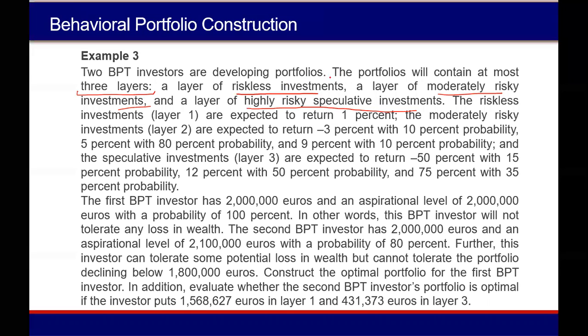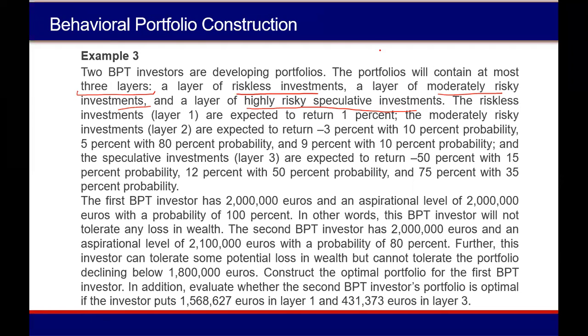He needs some monthly expenses, some monthly flows, so he'll attach that kind of goal to the first layer, where there is a riskless investment. And there may be some goals which are not very regular, and not very highly aspirational.